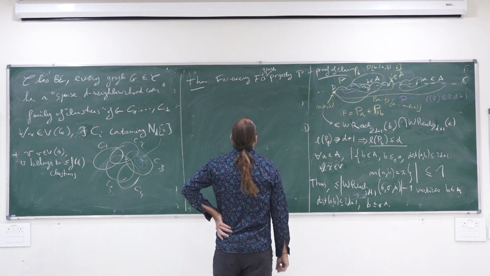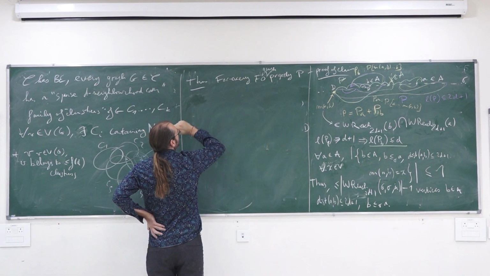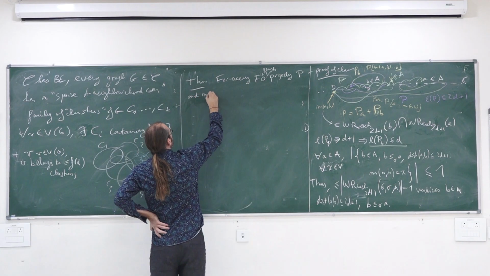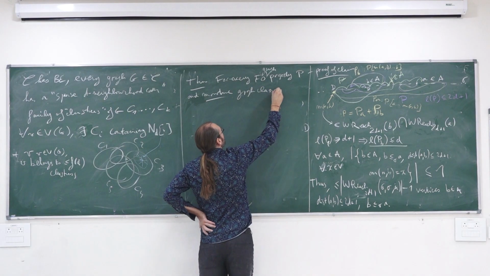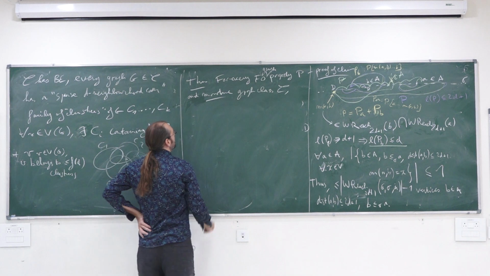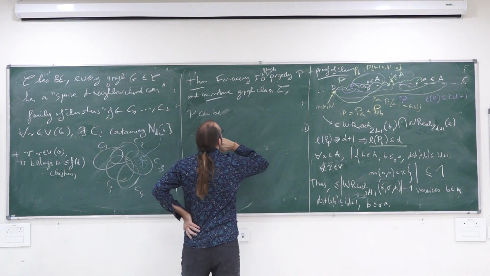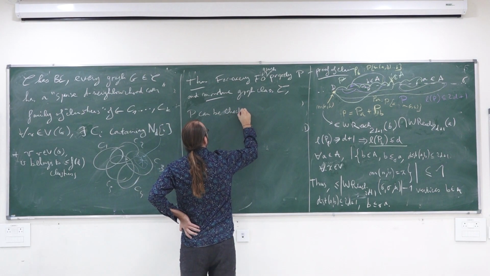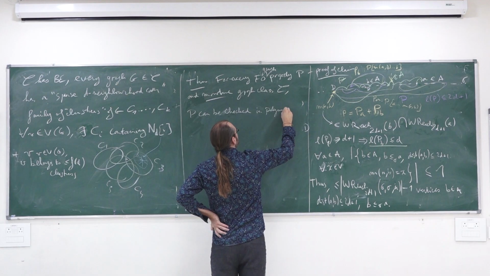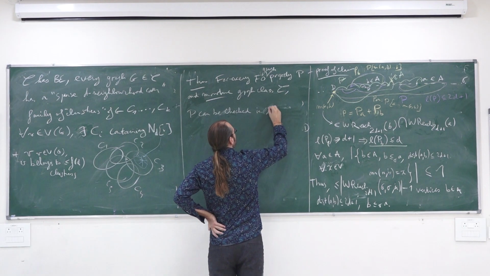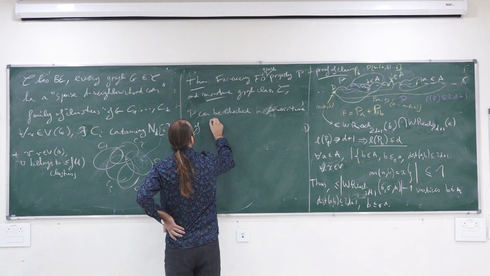So, for every first order property P and monotone graph class C, P can be checked, accept or reject, in fact in linear time, if C has bounded expansion.